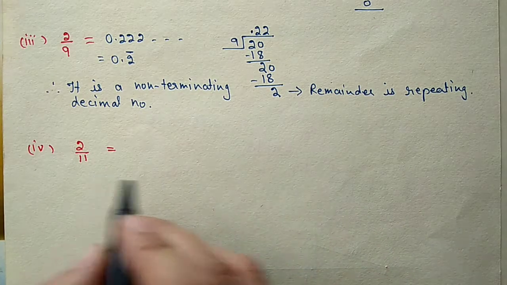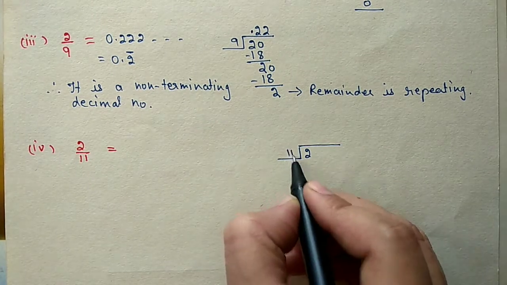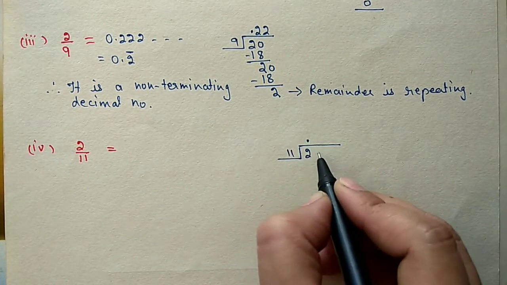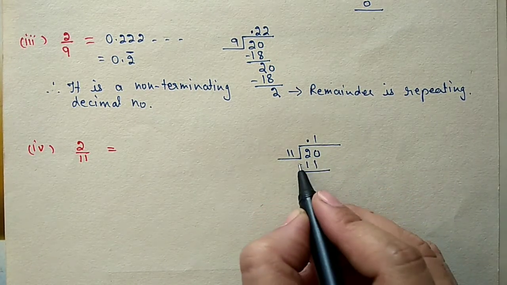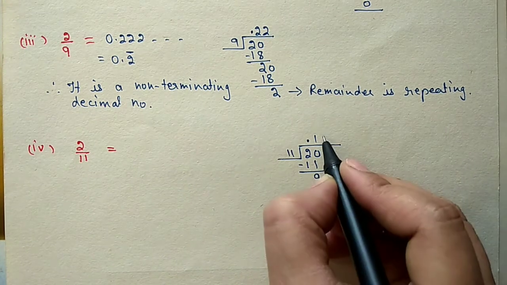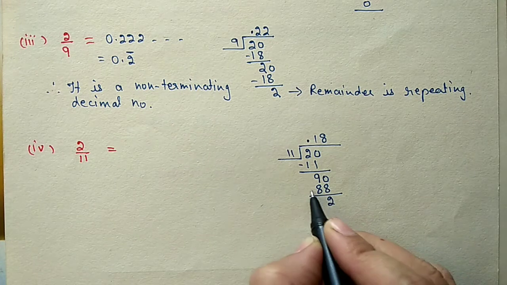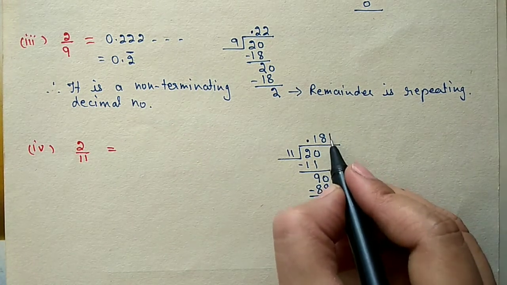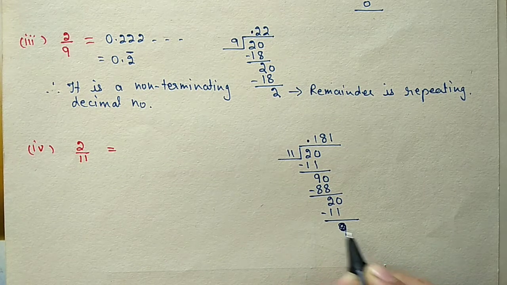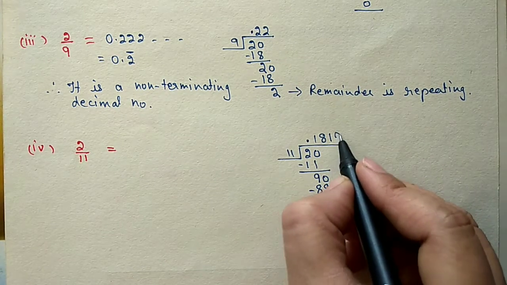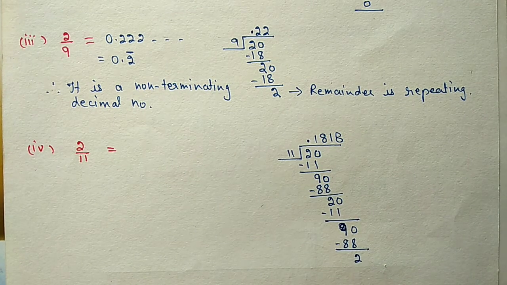Next, fourth part, 2 by 11. So we have to divide 2 by 11. First it will not go. We will put decimal and take 1 0. 11 1s are 11. Then we will get 9. Take another 0. 11 8s are 88. Then again 2 we will get, take 0. 11 1s are 11. Then again 9 we will get here and 0. 11 8s are 88. Again 2 is a remainder here.